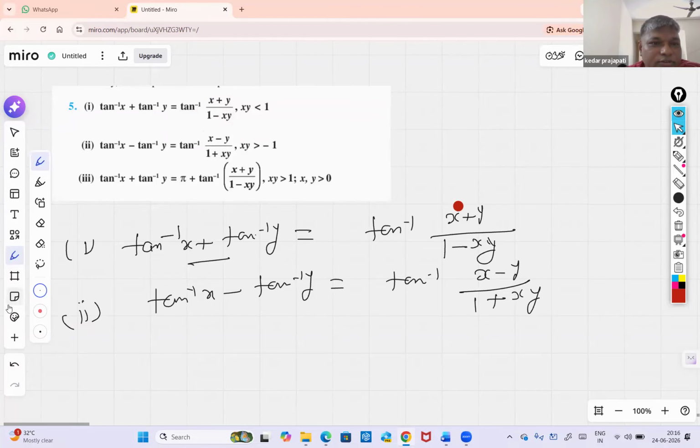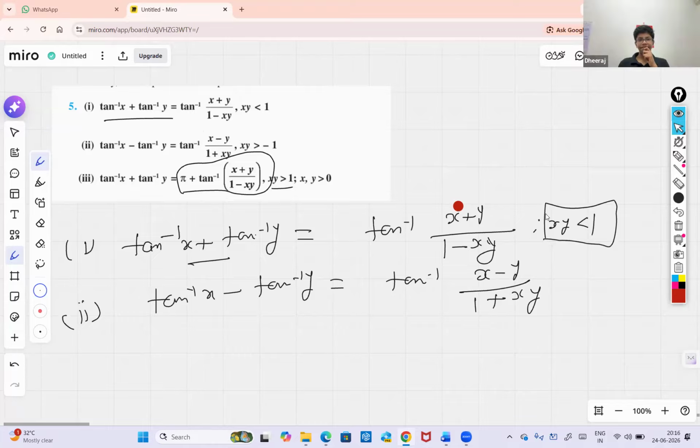There is one identity also: this can also be written as pi plus tan inverse of this one, but for this the condition is xy greater than 1. Here the condition is xy less than 1. So most of the time we will be using this only, for our NCERT.